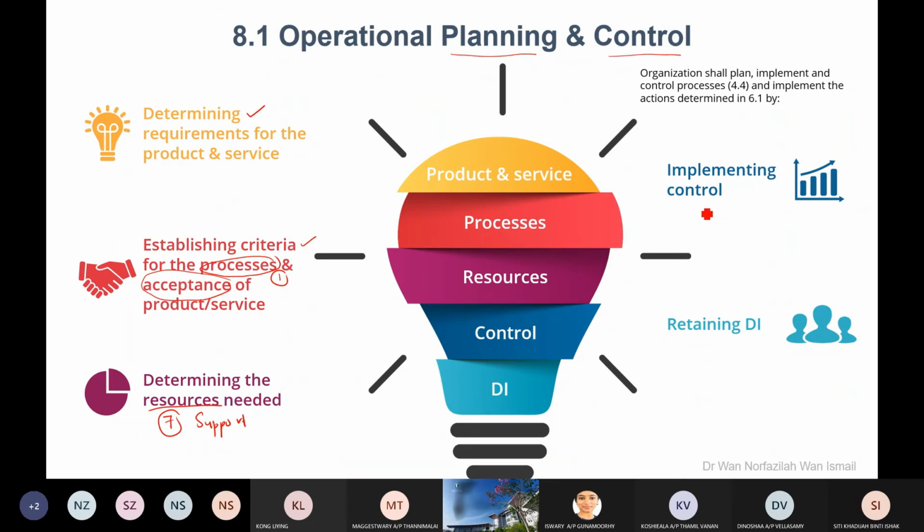So implementing control here is monitoring and measuring the performance of the resources. You need to control all the requirements and criteria, making sure the resources needed can fulfill the criteria and requirements of the product and services. Once you control the performance of all the resources, you have fulfilled the requirements of subclause 8.1.